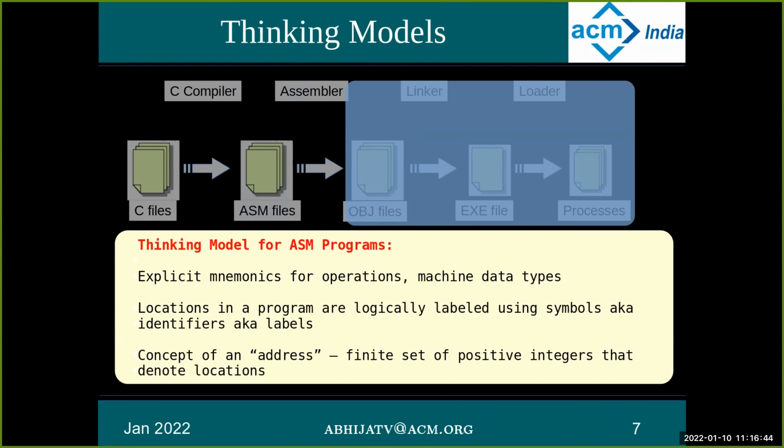In assembly programs, locations, that is addresses in the programs, can be logically labeled using symbols, or labels. But the concept of an address, as it denotes locations, is very, very explicit. It's a finite set of positive integers in an ASM program. Because you could use addresses or labels. You have a choice.